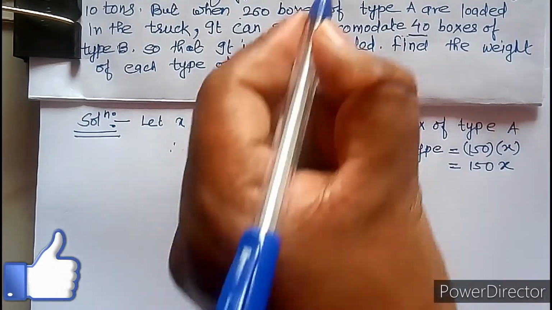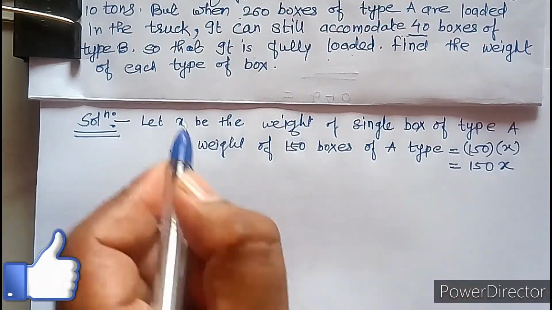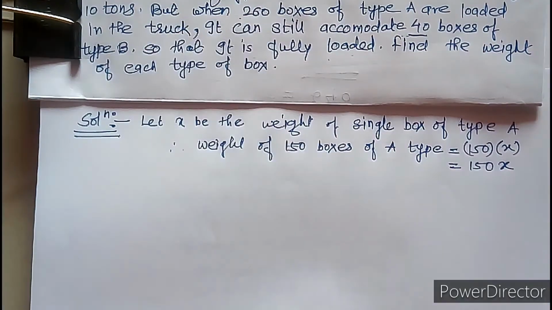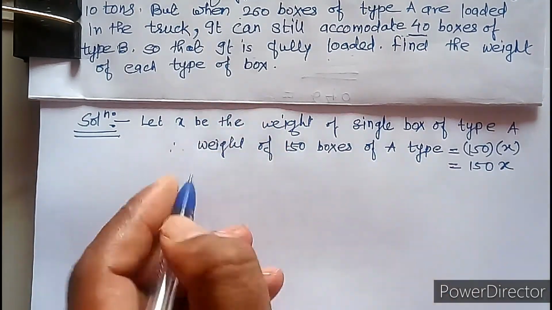Now we have to find the weight for 100 boxes of B type. We don't know the single box weight.